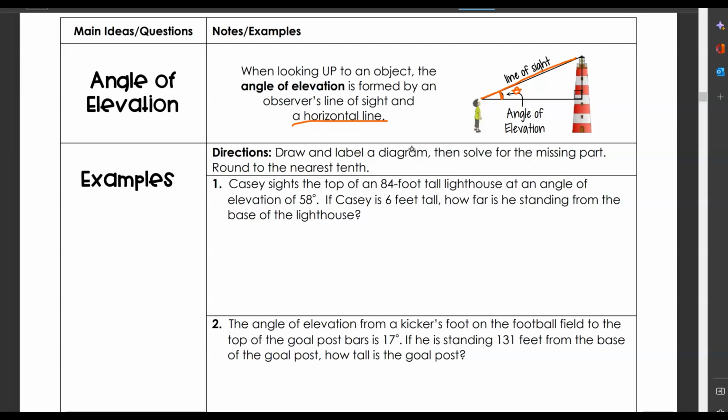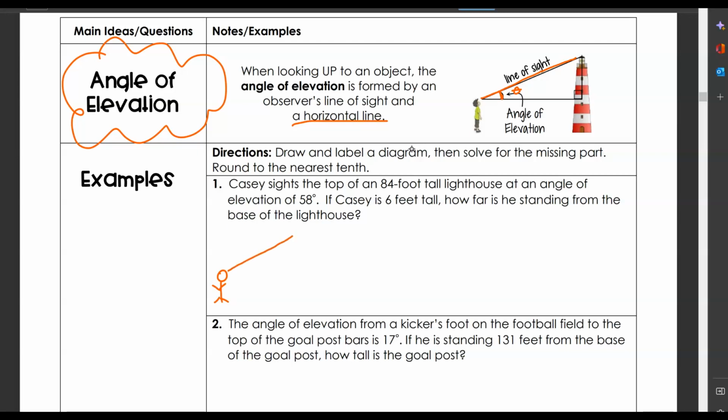Okay, so for these following examples, we're going to be using a lot of the knowledge we've already obtained, except now we're adding this terminology called the angle of elevation. So Casey sights the top of an 84-foot tall lighthouse at an angle of elevation of 58 degrees. In this particular case, here is our Casey.